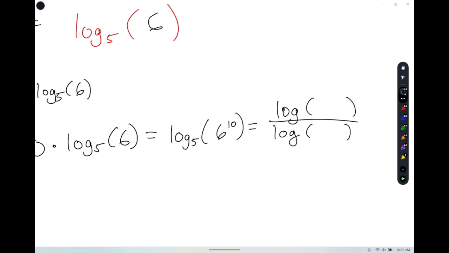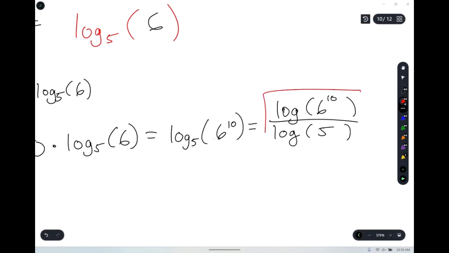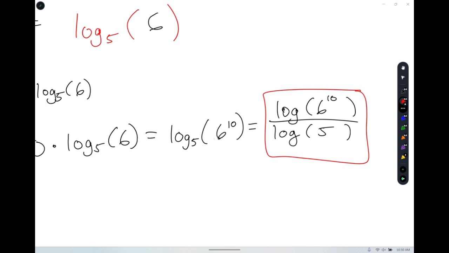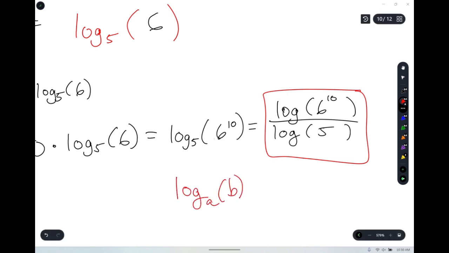Which one goes where? And what goes on the bottom? Yep. Now you can type it in your calculator. Change of base formula. That random formula that says log of A, B equals log of B over log of A.